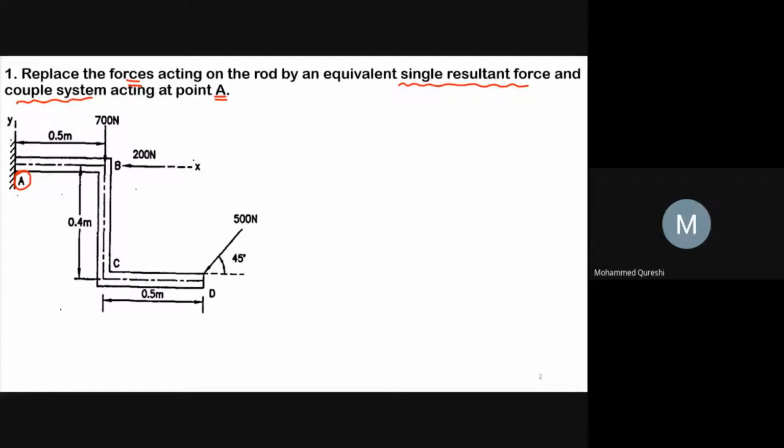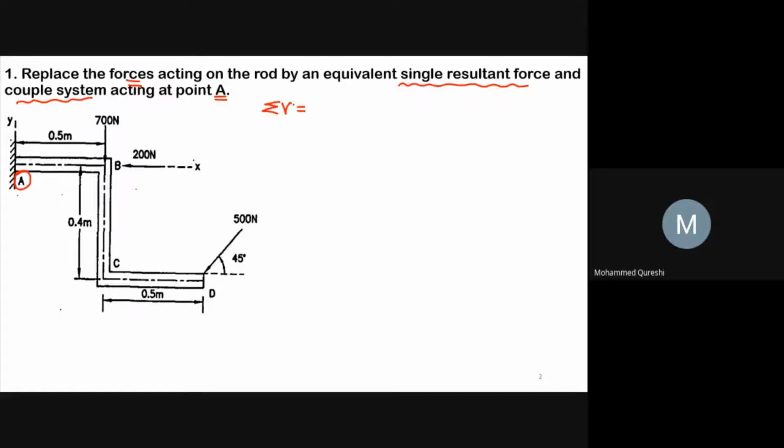So here there are number of forces. In the previous lecture we had seen only one force. So let us move through the summation of vertical forces and summation of horizontal forces.